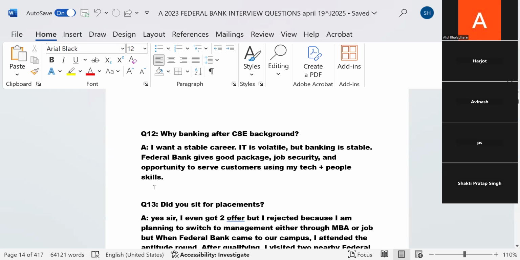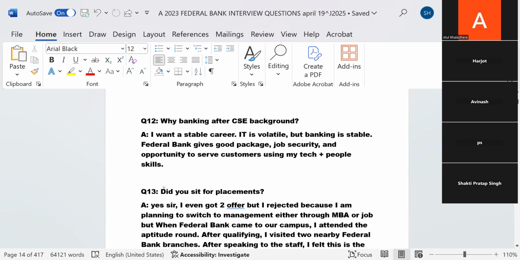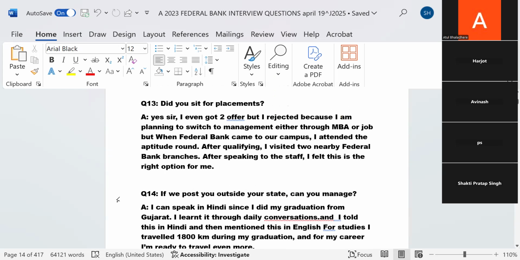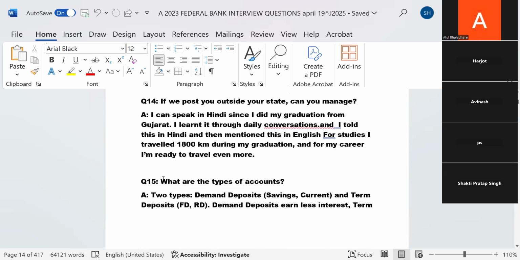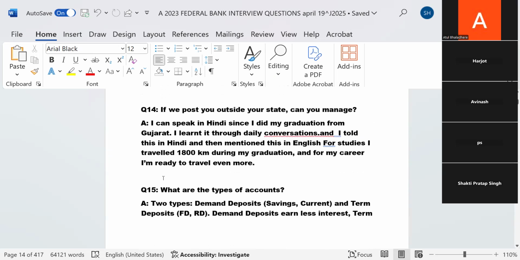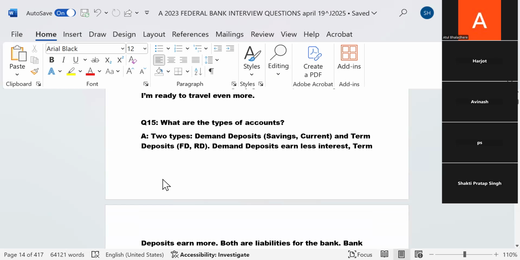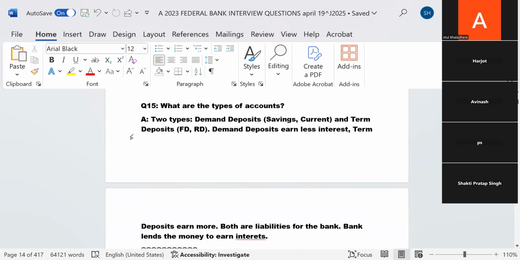Those who are going for CBI should read CBI. Sure, sir, I forgot. Did you see it for placements? Not required. Continue. 14th, if you are posted outside your state, can you manage? Everybody has to say yes. No question of but, if, and all that.